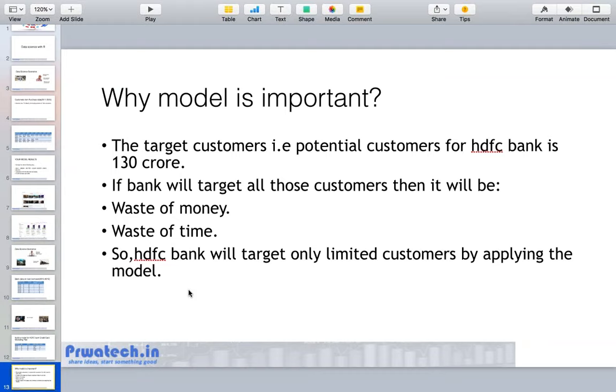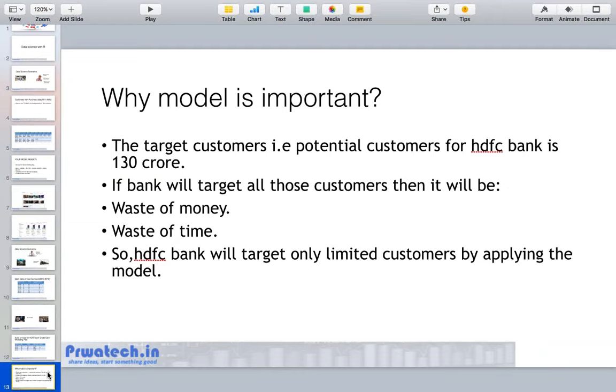It will take a long time and waste money. To prevent this, HDFC Bank has to target only a limited number of customers by applying the model, and finally they will get business from them.